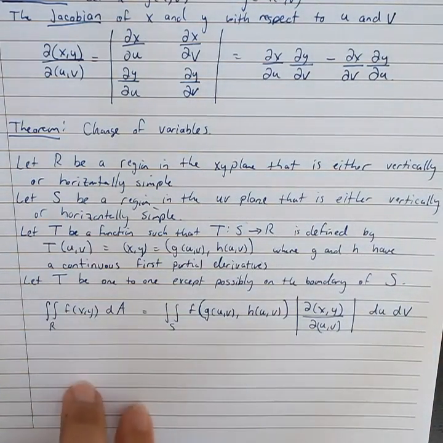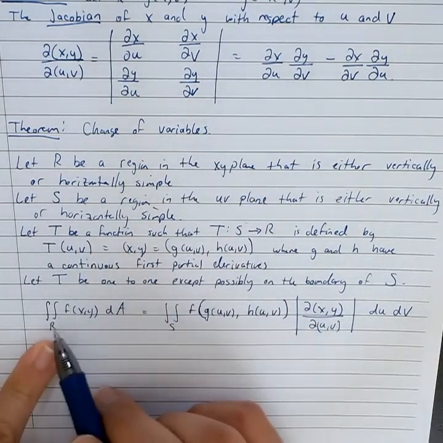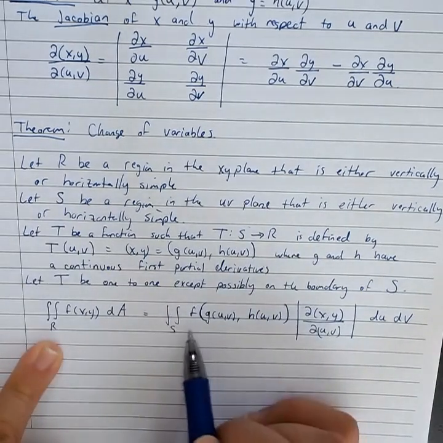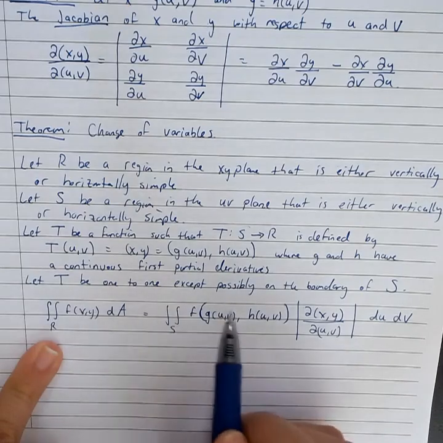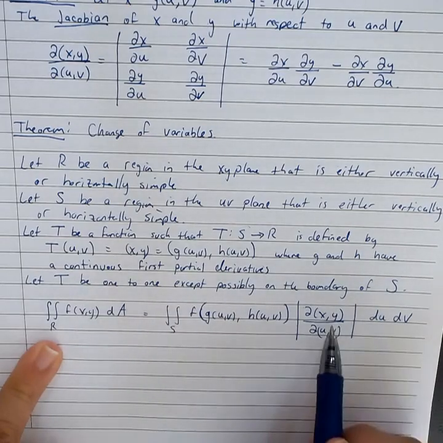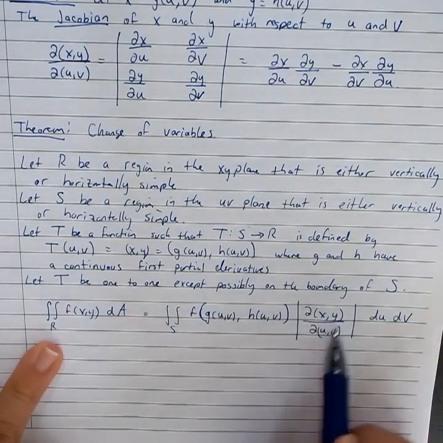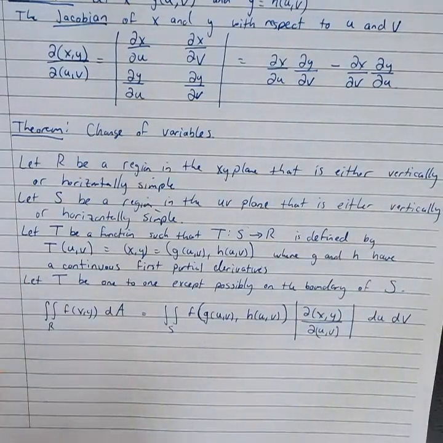All right. So this shows us that, provided these conditions are true, we can change this double integral in R to this double integral in S, provided that we change our variables, but also multiplied by this extra factor, I should say, which is the Jacobian, the absolute value thereof.